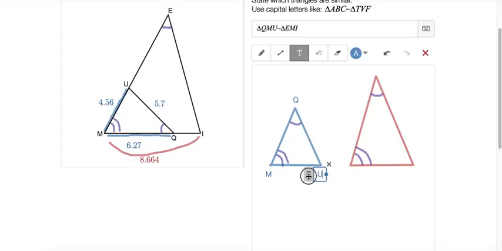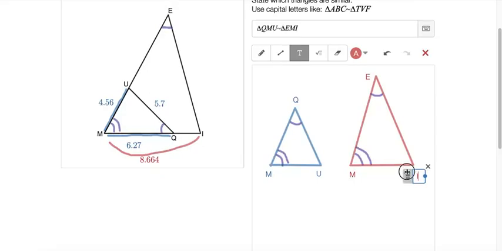Then when we go to the big triangle, the single is E. So let's put that. E on the single, M on the double, and then I on the blank one.